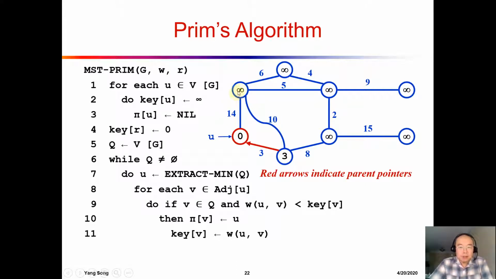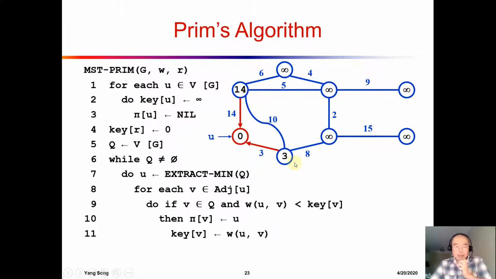The same thing for this one. Since this node is also connected to U, this node can be connected to the MST with a cost of 14. So now we have figured out the cost of connecting those two nodes to the MST: 14 and 3.